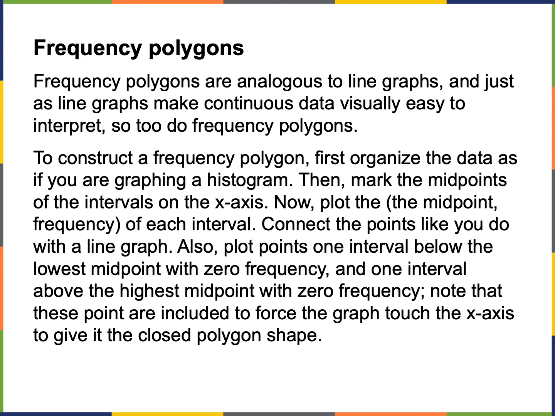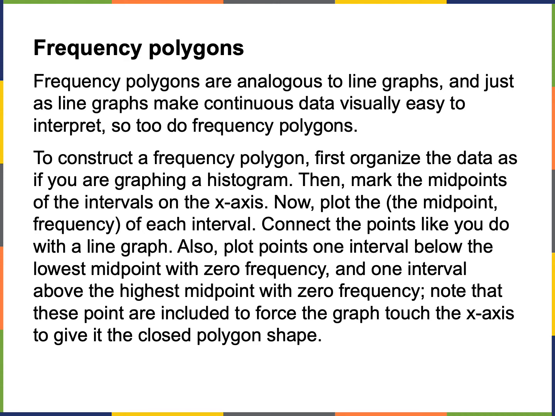We do a frequency polygon as if we were graphing a histogram. So we already know, like 10 minutes ago, we went through and created a histogram together. So suppose you did that, but instead of doing the bars, you hit the midpoints of the intervals on the x-axis.